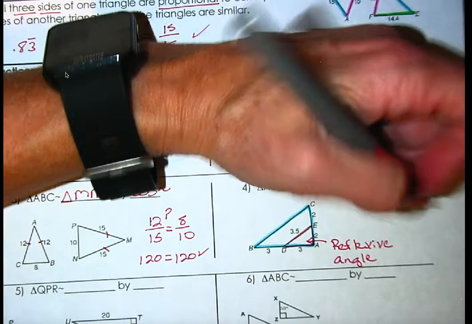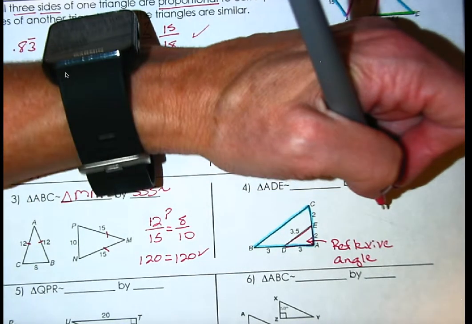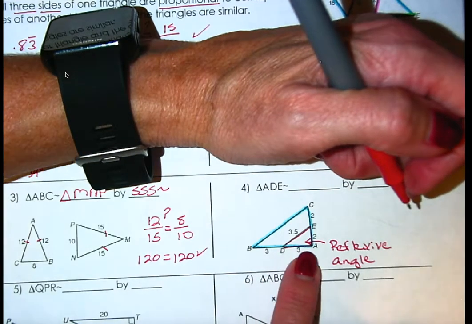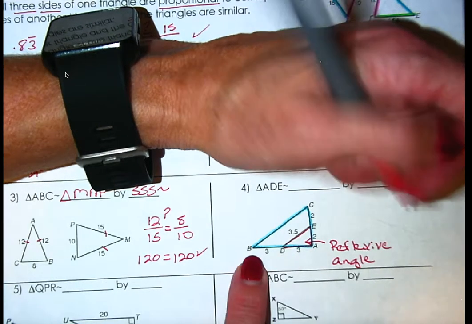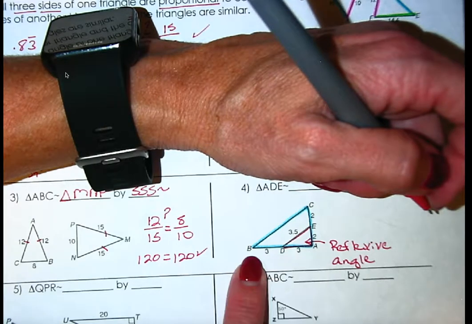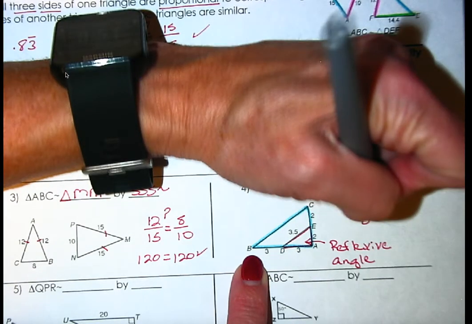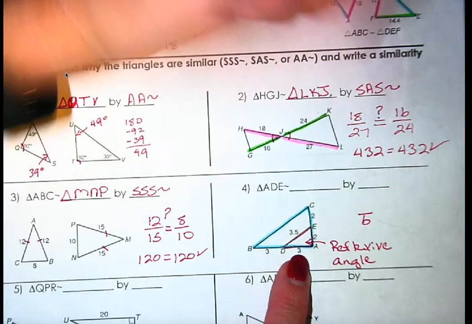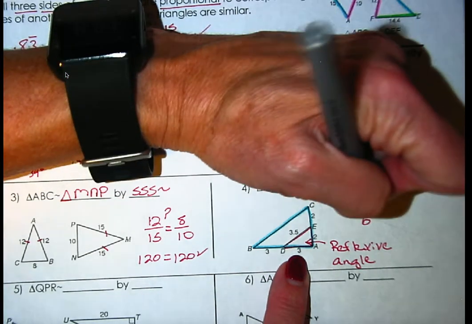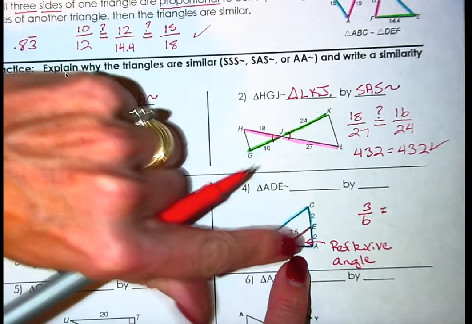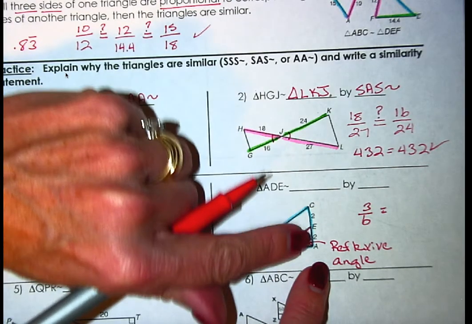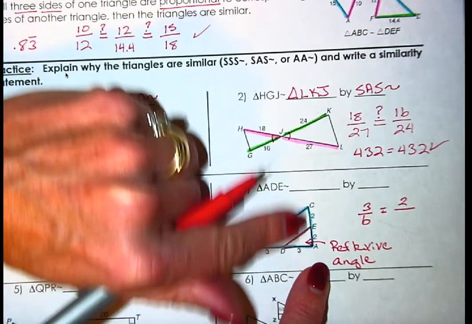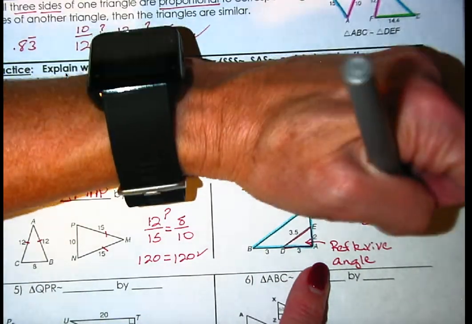All right, so our big triangle on this side has a side of 3 plus 3, or 6. And I'm going to put that under the same side of the little triangle, which would be 3. And then look at this side. The little triangle has a side of 2, and the big triangle has a side of 2 plus 2, or 4.